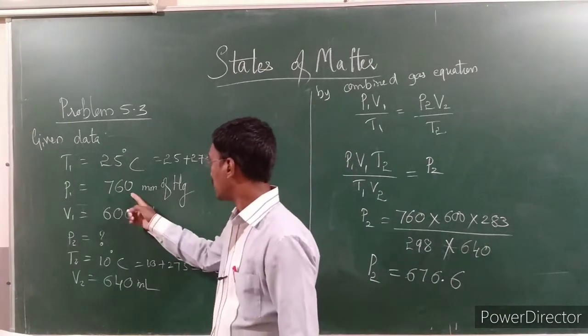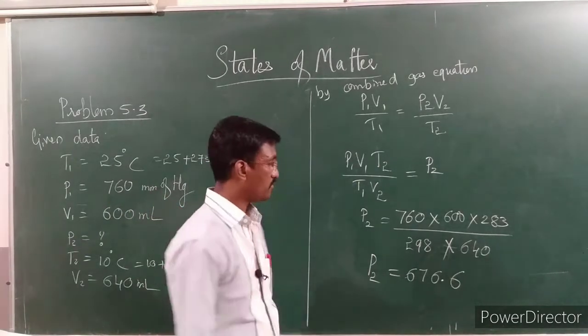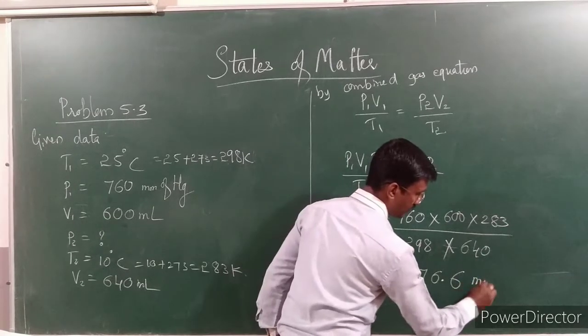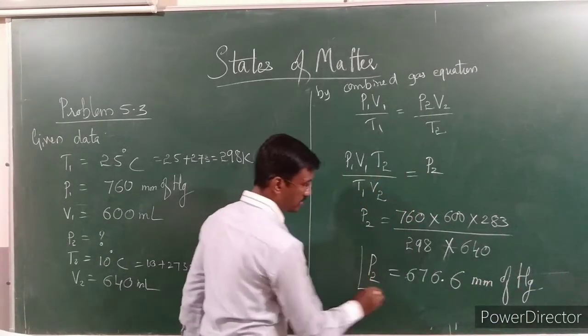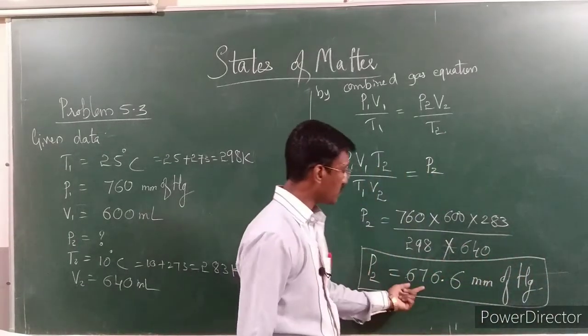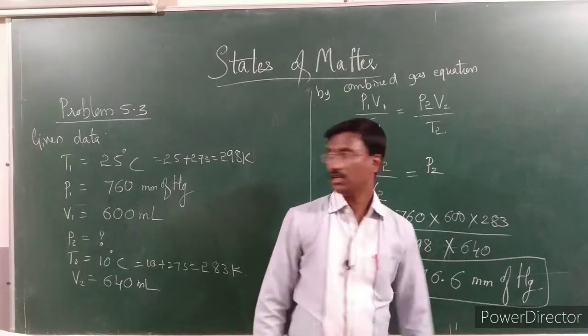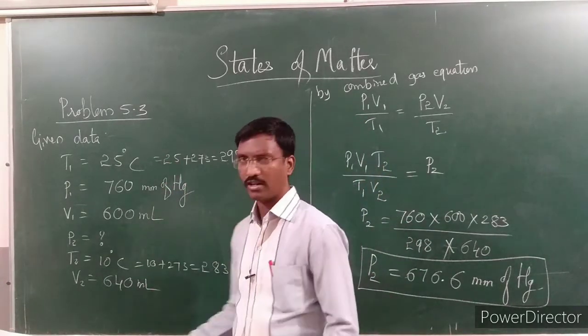Which one they have mentioned here? Can you see here? The pressure of this one is mm of Hg. Therefore, you have to write this one as mm of Hg. So it means that the pressure is going to occupy 676.6 mm of Hg when we change the temperature and volume by increasing or decreasing.